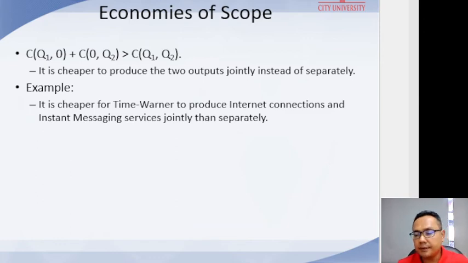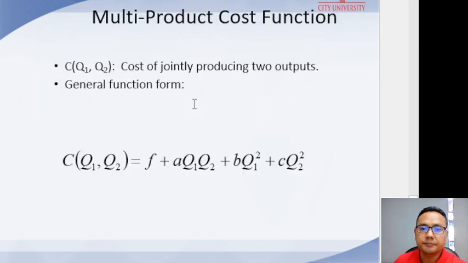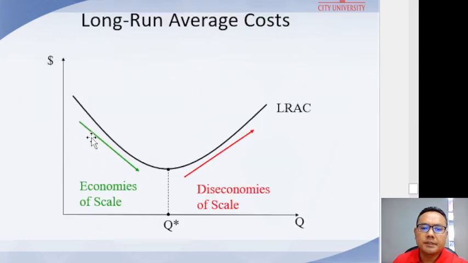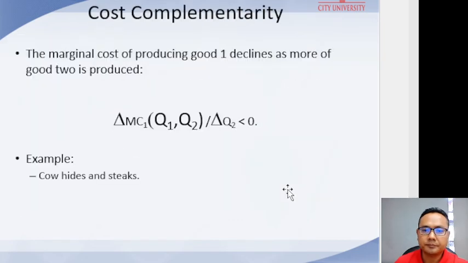So economies of scale exist whenever long run average cost declines. You can see from the U shape here, this is the economies of scale, and when it increases the long run average cost, that means this is the area of diseconomies of scale.